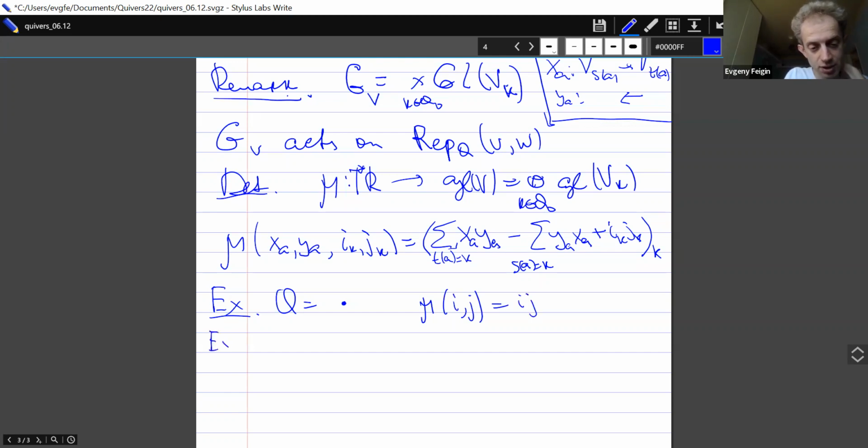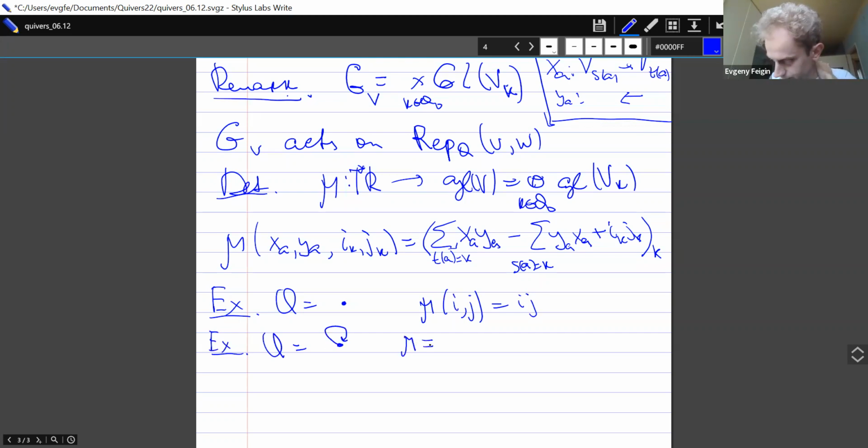So let's consider the next example. If Q is one vertex and one loop, what is mu? So here we have one vertex, one loop, so mu should be a bit more complicated.